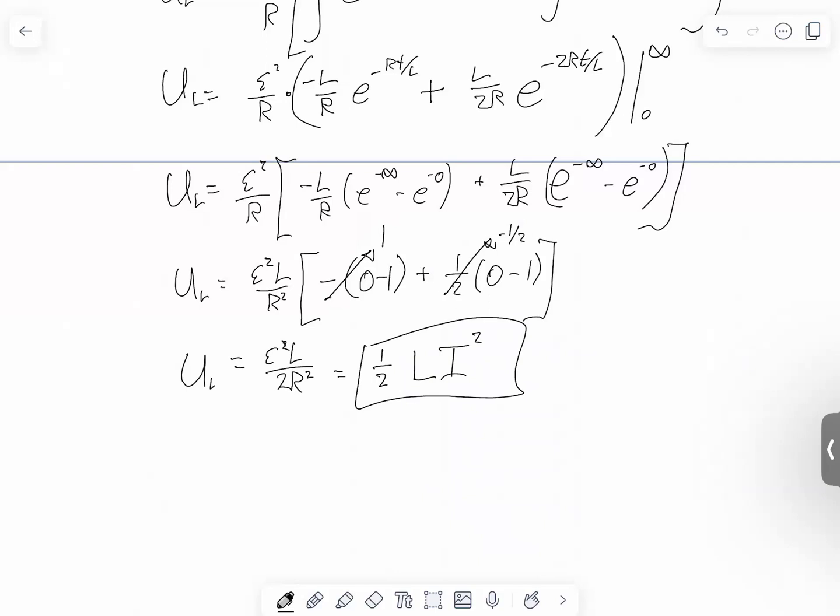Hey, what's the energy in a capacitor? Anyone remember that? Half C delta V squared. Delta V is the voltage across it. Okay, so notice there's an eerie similarity between inductor energy and capacitor energy.